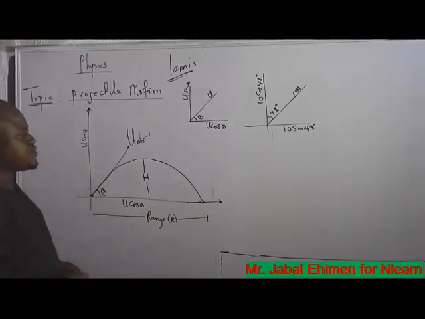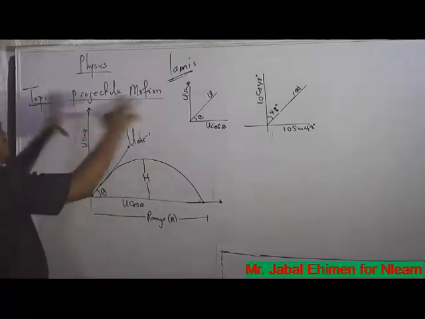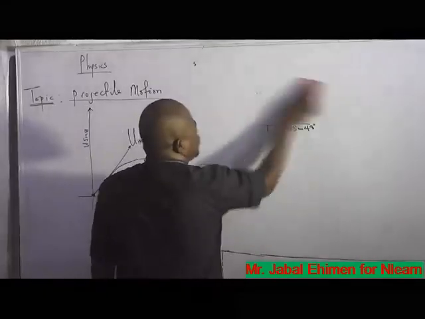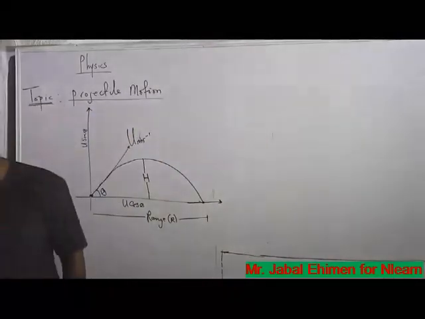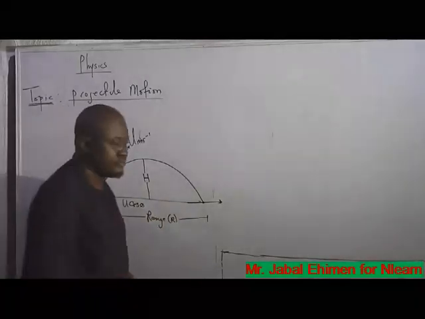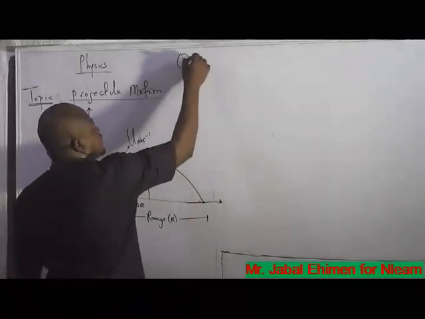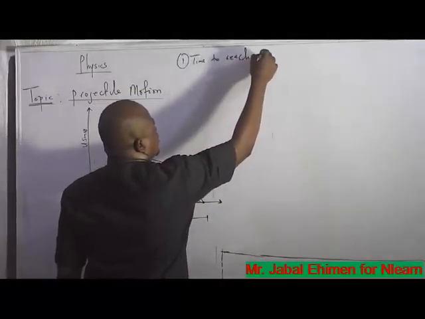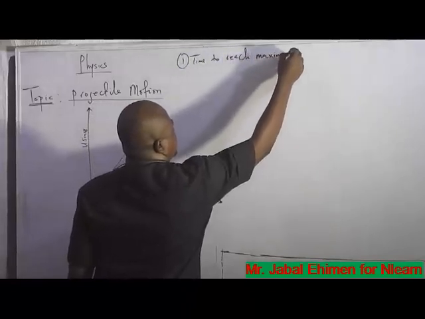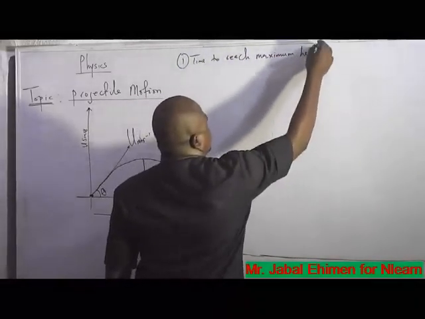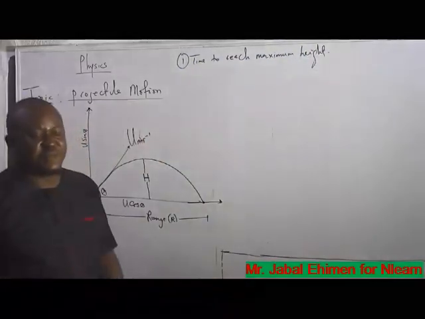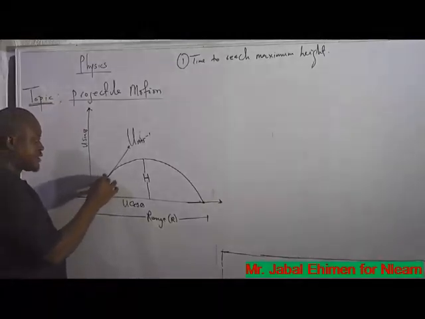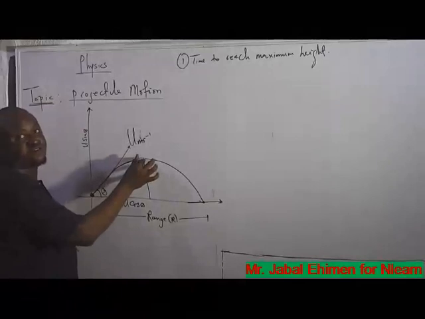Now, from here, what are the things we can calculate from the whole of this setting? The first thing we can calculate is the time to reach maximum height. Time to reach maximum height means the time to move from this position until it gets to this position.